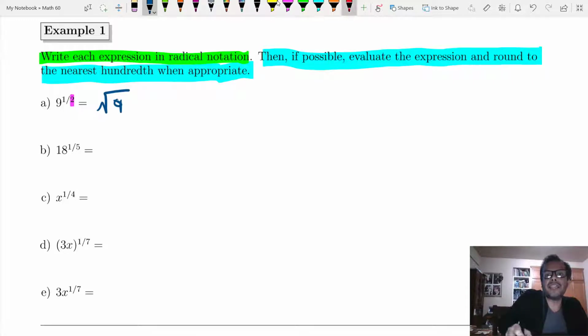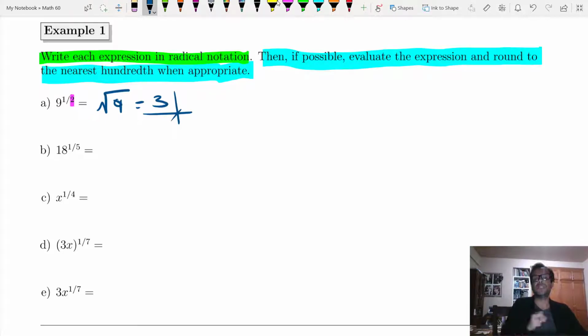Again, we would have written a 2 here, however, for the square root it's not necessary to write that number 2, so we just leave it like this. In this case, this is a nice number and it's possible to evaluate it. The square root of 9 equals 3, and that's the final answer.